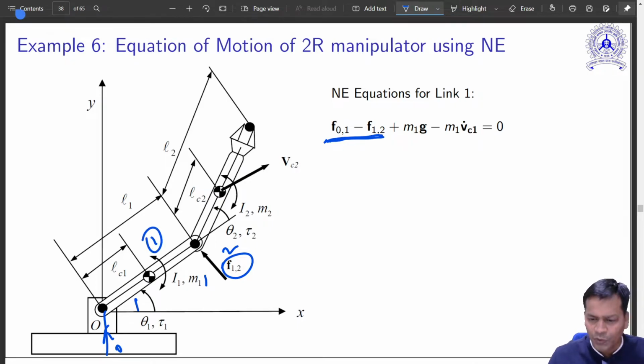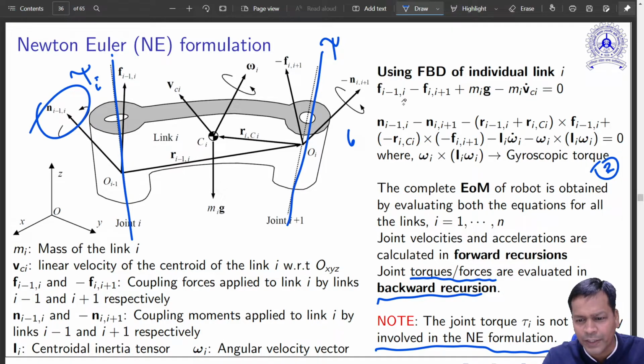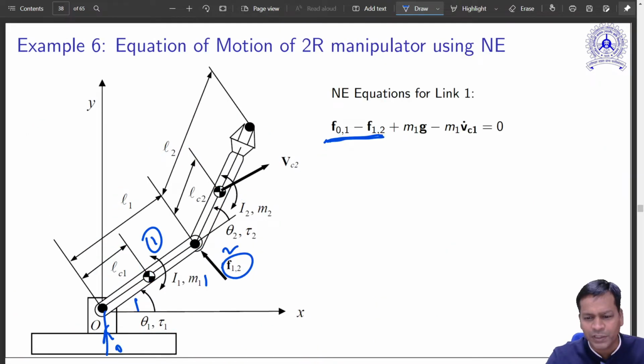So if you take this, it becomes F01 minus F12 equals M1 times the acceleration of the center of gravity. This is quite trivial, and similarly we will do the rest. This is the first equation, with M1 G and M1 VC, the center of gravity velocity.